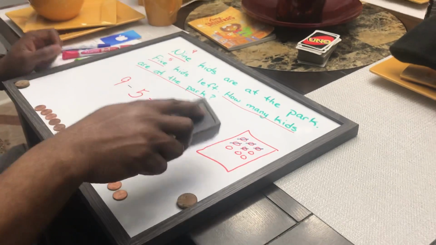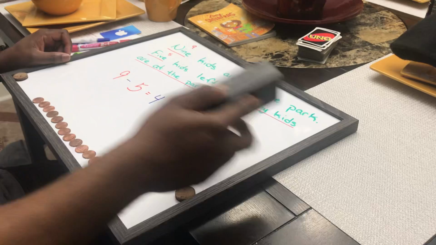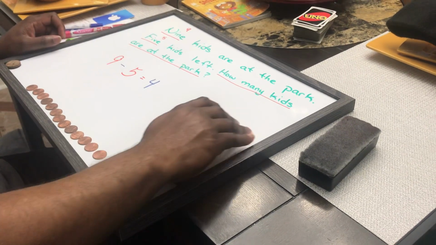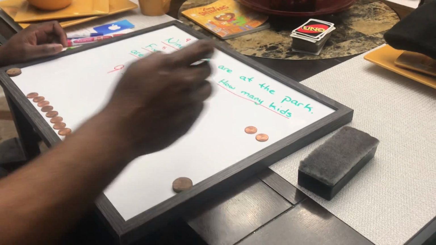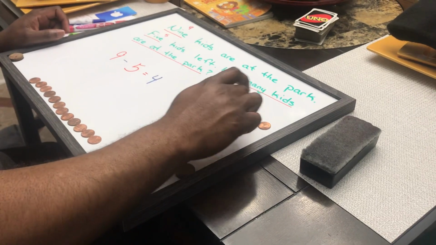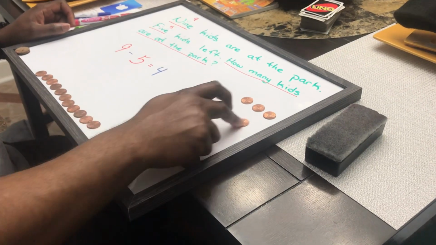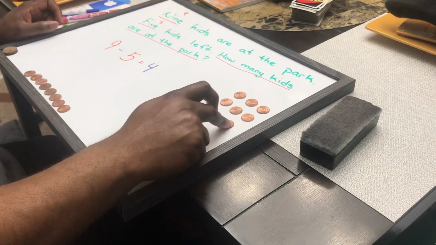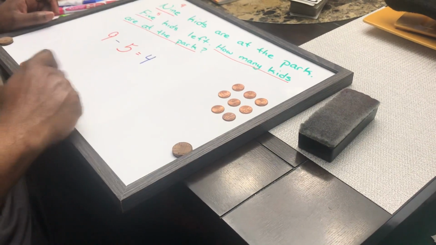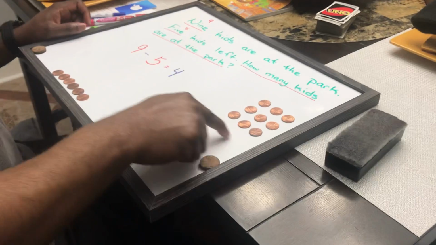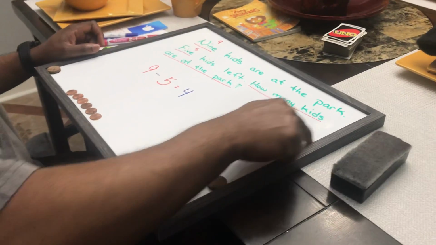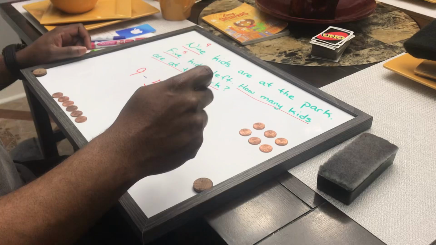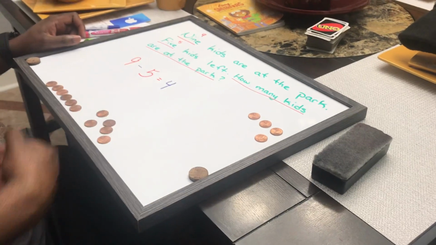Also, one of the things that we want to look at is we always know we can solve it using concrete material. So I'm going to go back to my trusty pennies, and I'm going to put 9 pennies up here because that's how many people were in the park. So I have 1, 2, 3, 4, 5, 6, 7, 8, 9. So I have 9 people in the park and 5 left. 2, 3, 4, 5.